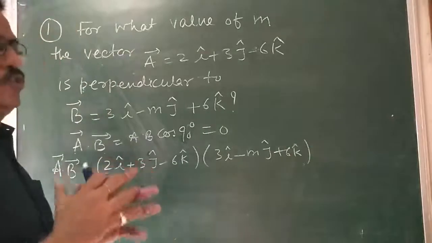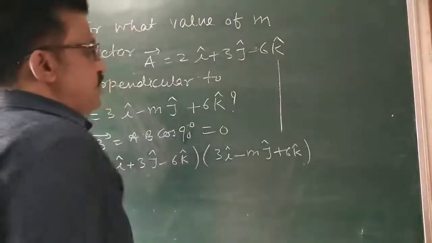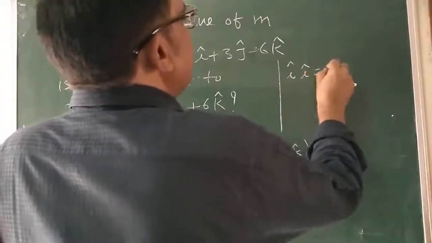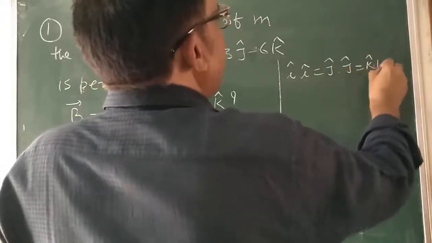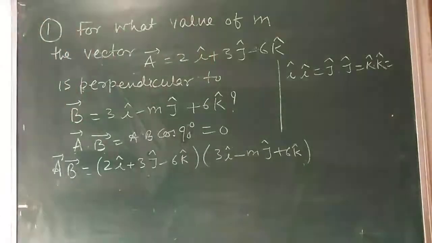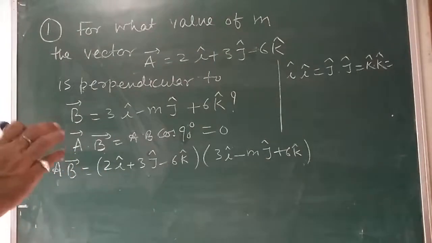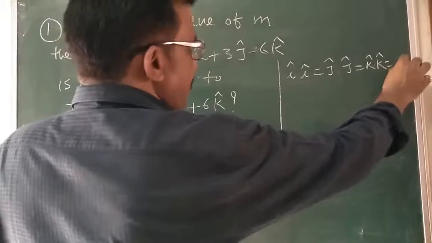Before we solve it, we have to remember the formula related to this: i dot i, j dot j and k dot k. Who will tell me? i dot i is 1, j dot j is 1.